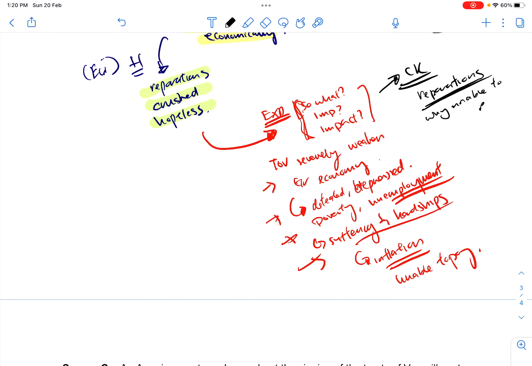Then you talk about the impact of World War I, which is the 15% male population lost during the war, so they cannot rebuild the economy. Then they also lost their resource-rich areas.